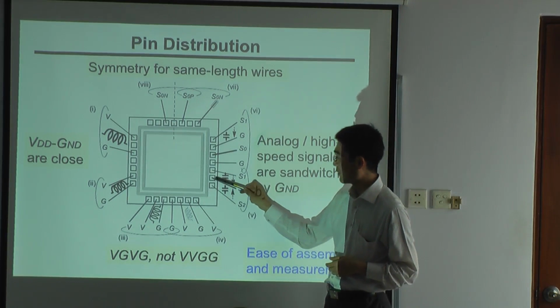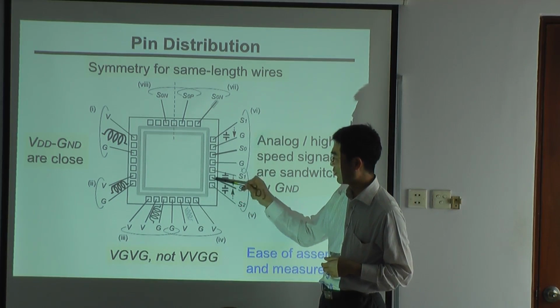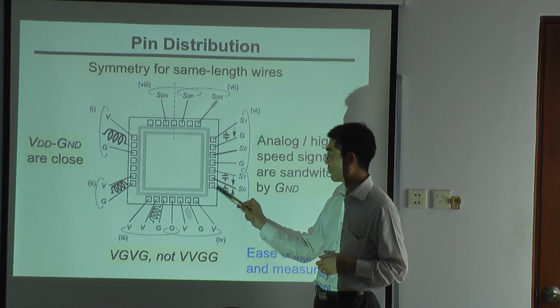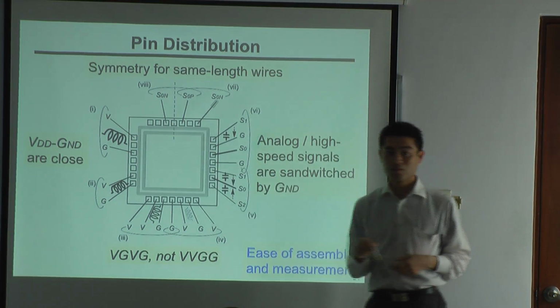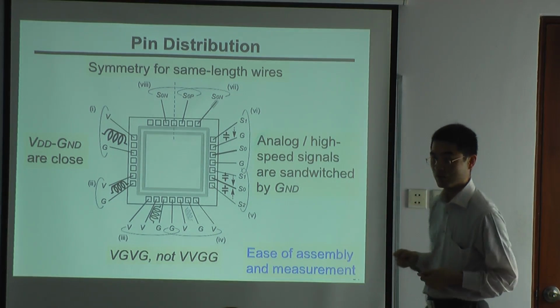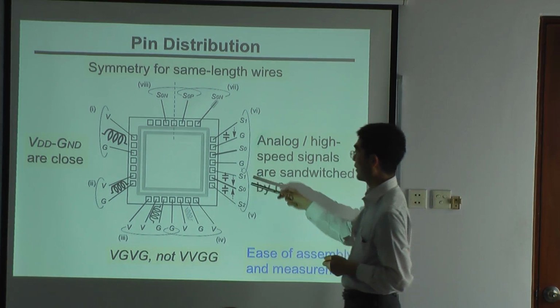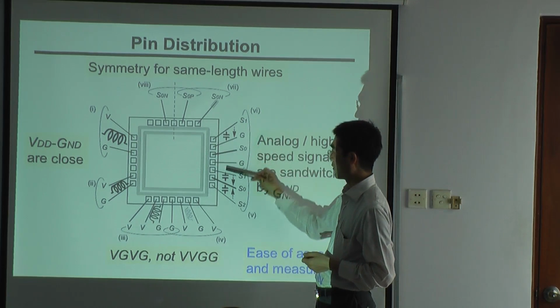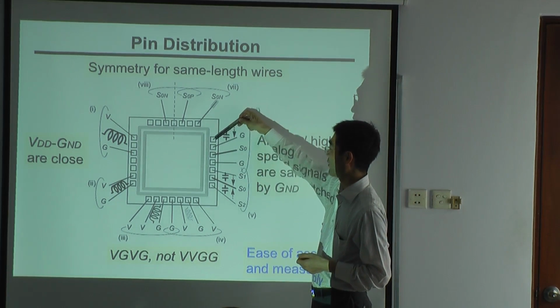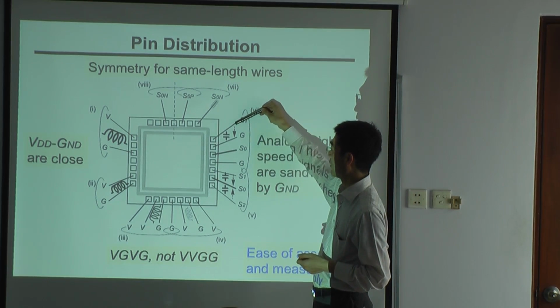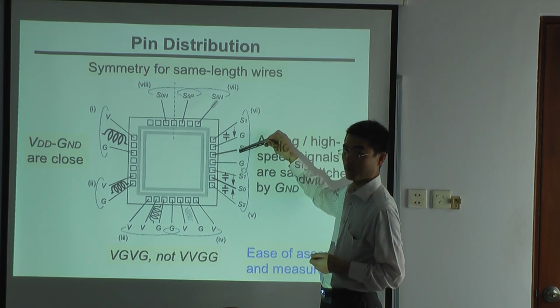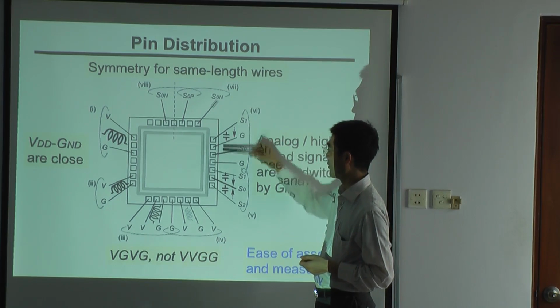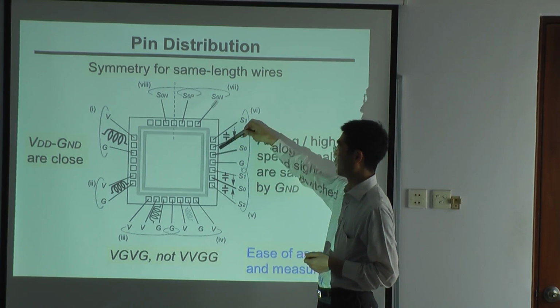In this case, the adjacent wires can have crosstalk to the important signals, which we don't like. So the important signals are sandwiched by ground, so that the other signals do not crosstalk to the important signals. This ground line will protect against the crosstalk.